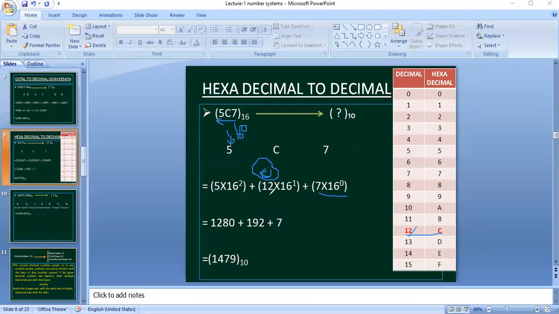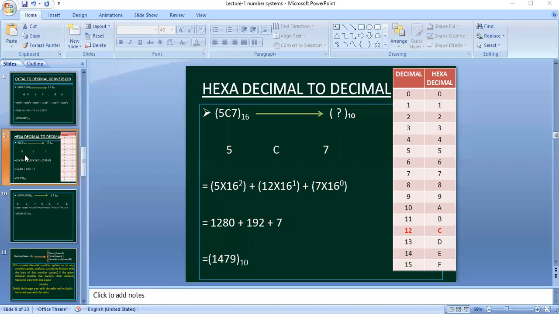So 12 into 16 power 1, 7 into 16 power 0, 5 into 16 power 2. Like that you have to multiply and then add all the products. So you will get the decimal equivalent. So this is hexadecimal to decimal number conversion.